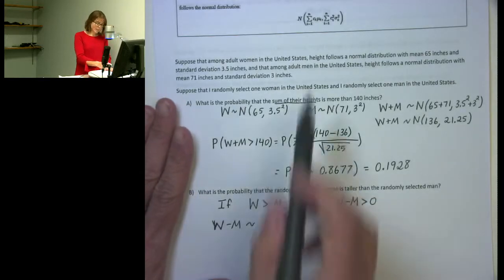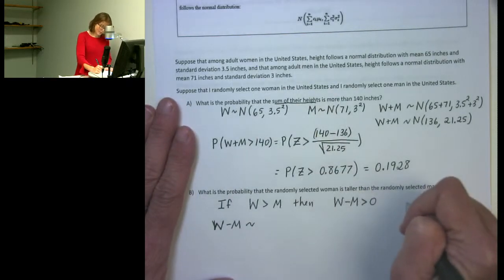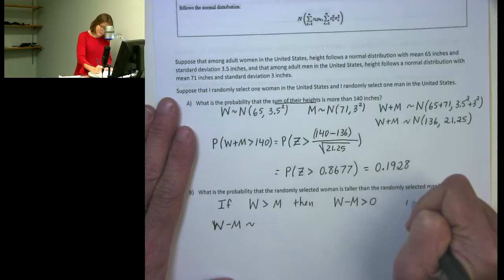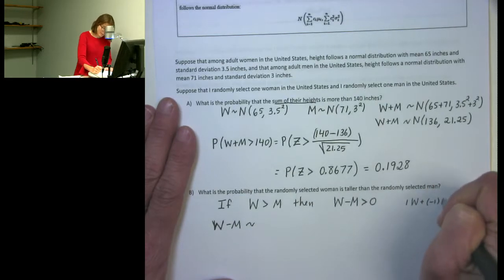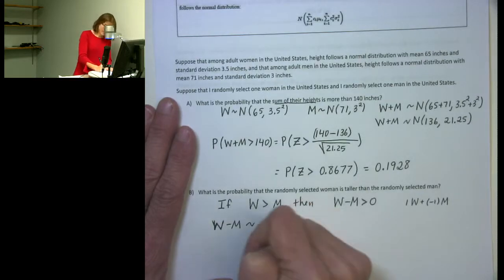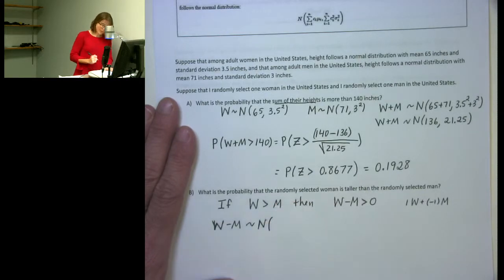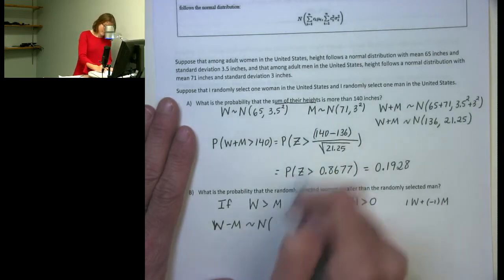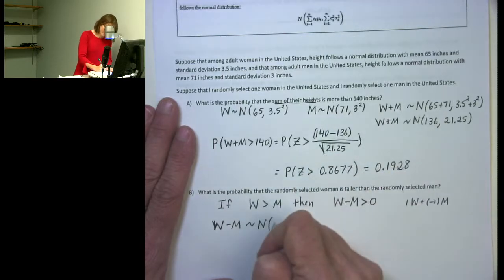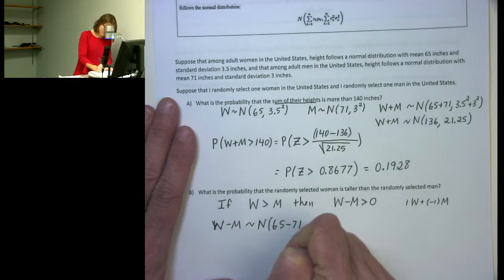It's my W and my M. Now, this is also going to be a linear combination. We can think of this as my 1 times the woman's height plus minus 1 times the man's height. So this is going to have a normal distribution. The mean of the distribution is going to be the difference in the two means, 65 minus 71.